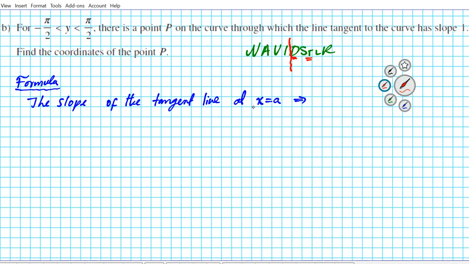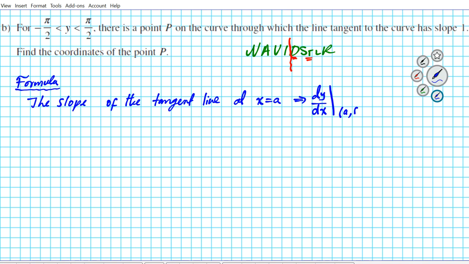So the slope of a tangent line at a point is the derivative at that point. In this particular problem, it's going to be dy/dx at x equals a, or we can just say the point a, f of a, which is the same thing as f prime of a. That's what the deal is.